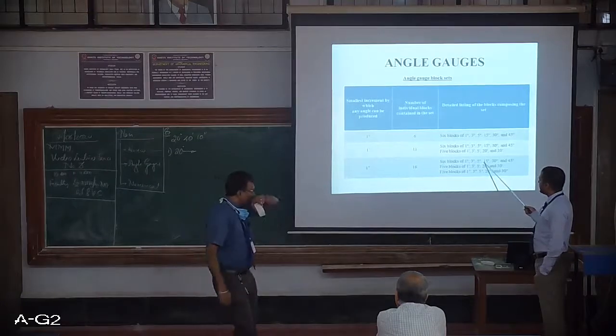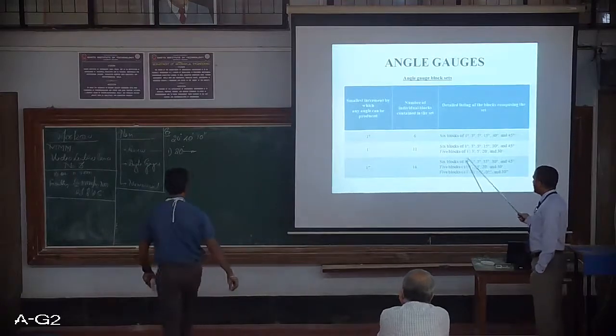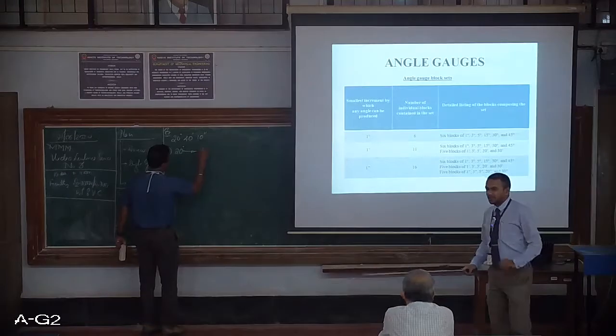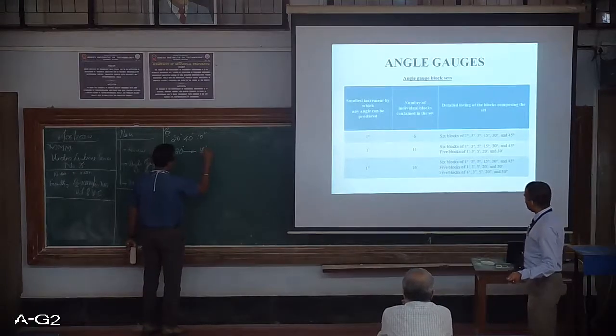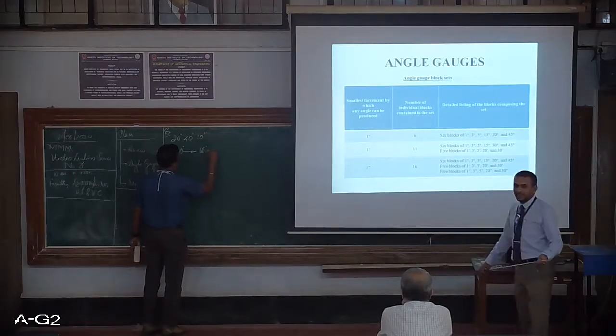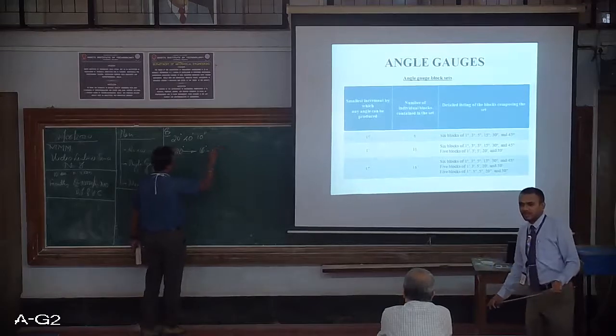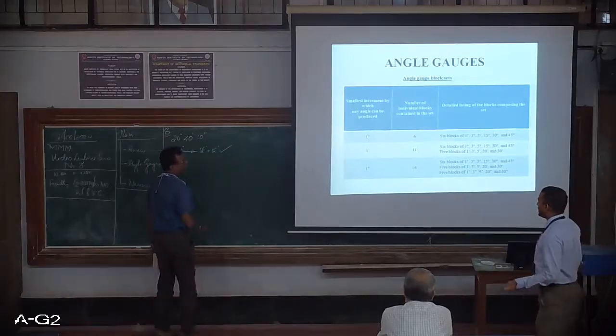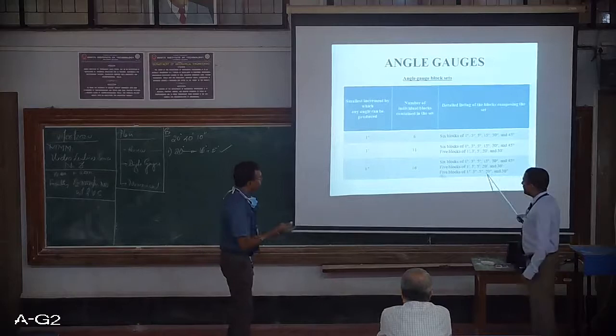So 20 degree, first we are supposed to set the angle for 20 degree. We have 15 and 5. So whenever possible, try to add the angle gauges rather than subtraction.